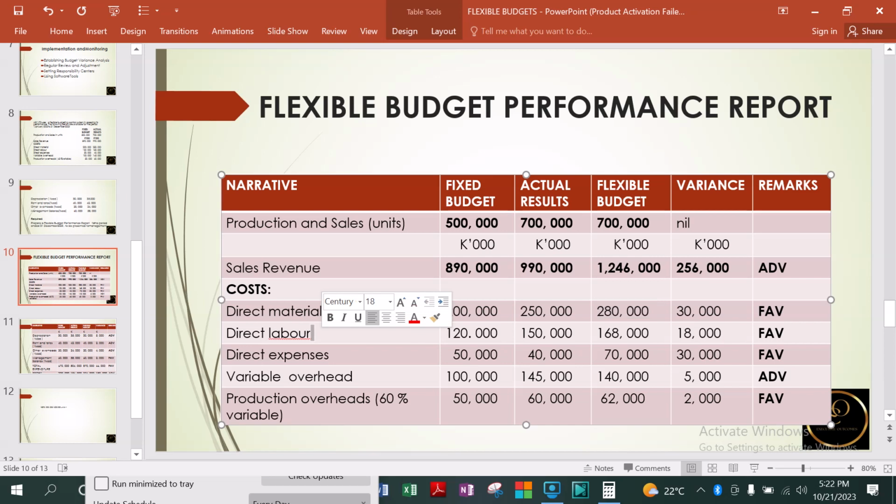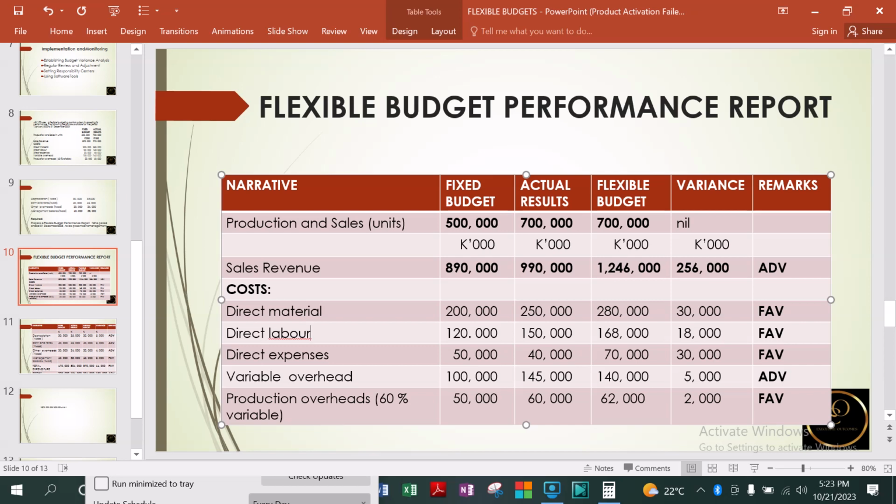The same with direct labor, because this again is a variable cost. So it means that it changes in direct proportion to the level of activity. You get the whole 120 divided by 500,000. The cost per unit of labor which you get, you multiply by 700,000, and you are going to get 168,000. Direct expenses, the same approach. You get 50 million Zambian kwacha divided by 500,000 units.